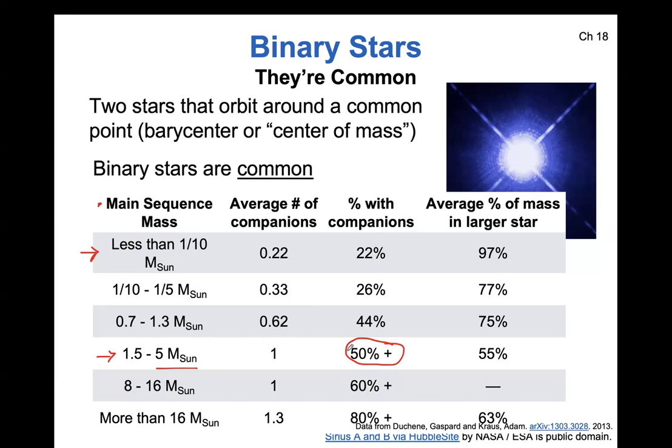Like I said, they tend to have companions. And in that case, the average percentage of mass in the larger star is actually only 55. So this is a case where the two stars are balanced. They tend to be about the same size.